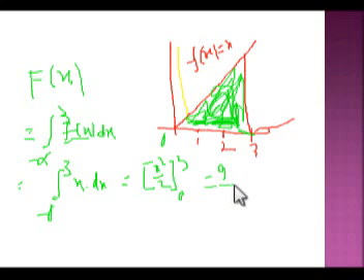This 9 by 2 is the cumulative distribution function up to 3 for a problem whose probability density function is defined in this way. So in this way the probability mass function, probability density function, and cumulative distribution function are defined in statistics.